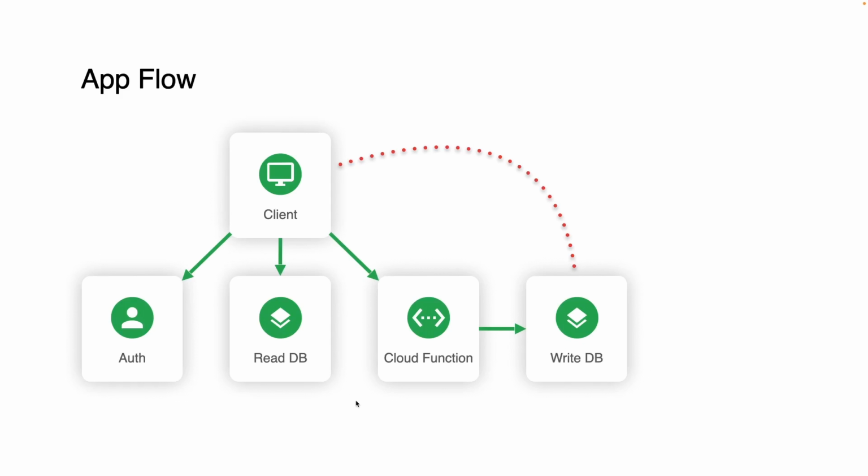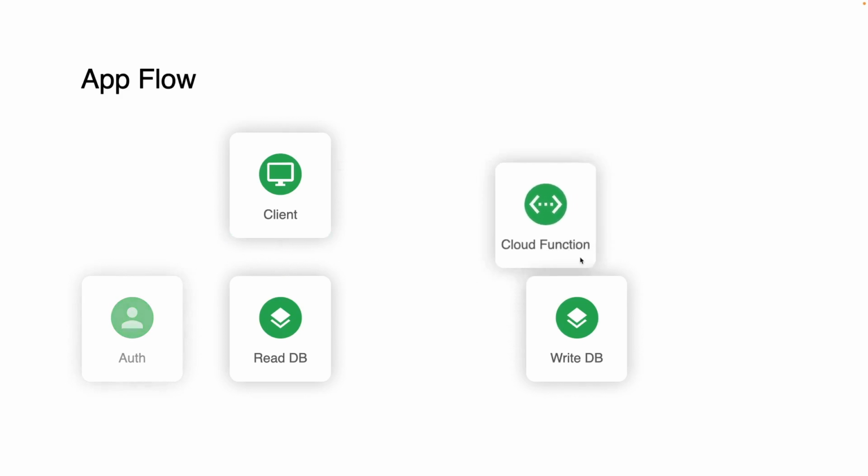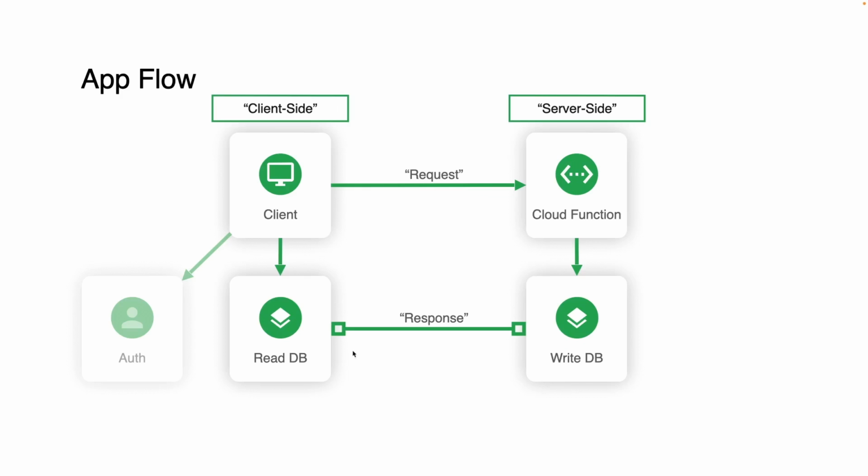In order to actually write stuff on the database, you have to go through the Cloud Function service. You're gonna do a request to the Cloud Function, which is gonna basically spawn a machine executing some JavaScript or TypeScript code, and that code is gonna validate the information the client gave it, and it's gonna then write to the database. And as soon as this Cloud Function writes to the database, the client is gonna get the response in form of a listener.